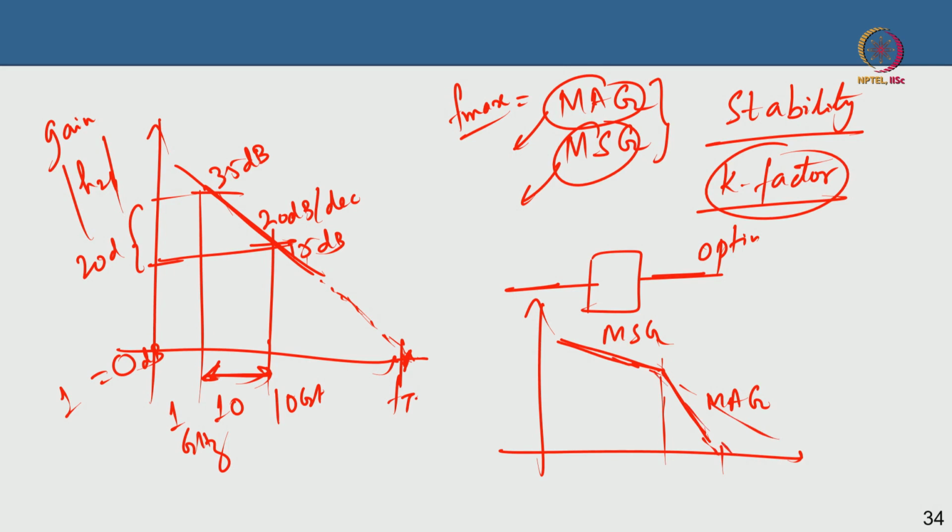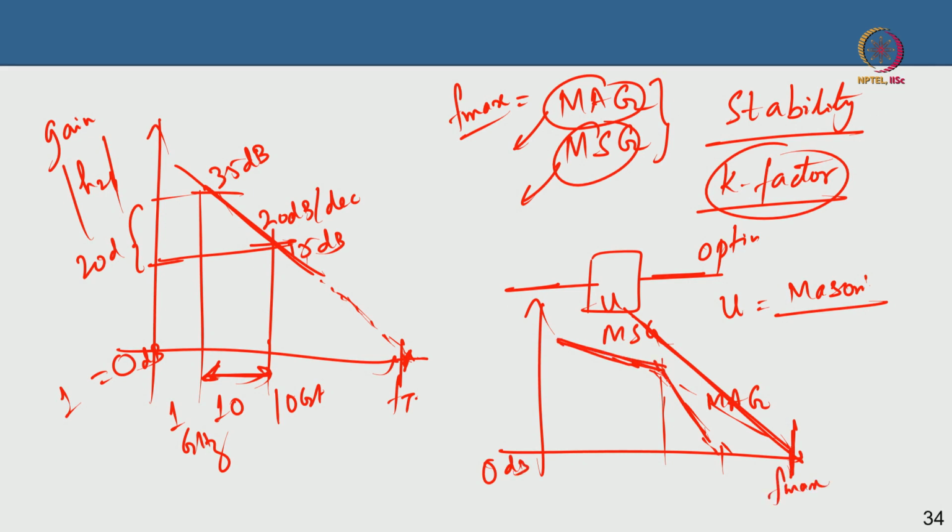So what people do is that people plot something called unilateral gain, or it is called Mason's unilateral gain. It is the expression of a gain, power gain, which is fairly independent of these complexities of stability, okay, conditional unconditional stability. So the U is plotted, power gain U is plotted, and that U intercept at 0 dB for power gain is taken as Fmax.